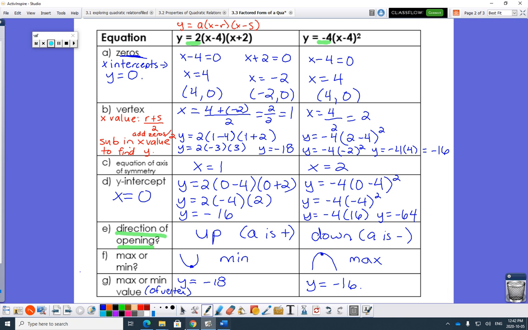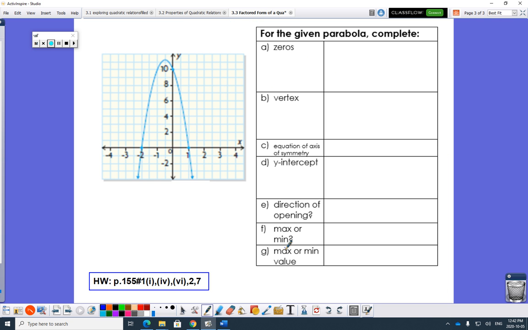Okay? And then similarly, you could also be given a parabola. I apologize because on yours the grid lines are not very dark, but you can see. So what are the zeros? Oh, I see. They're 1 and negative 2. Doesn't matter which one you write first.